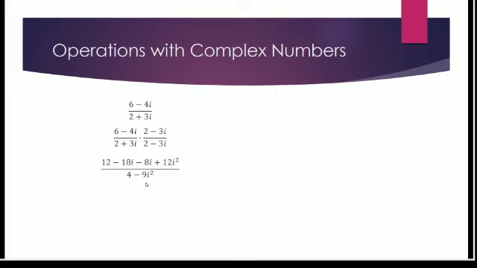So that's going to be 4 plus 9, which is 13 on the bottom. This 12i squared becomes negative 12. 12 and negative 12 makes 0. Negative 18 and negative 8 makes negative 26. Notice negative 26 divided by 13 is negative 2. So this one divided very nicely to be negative 2i.